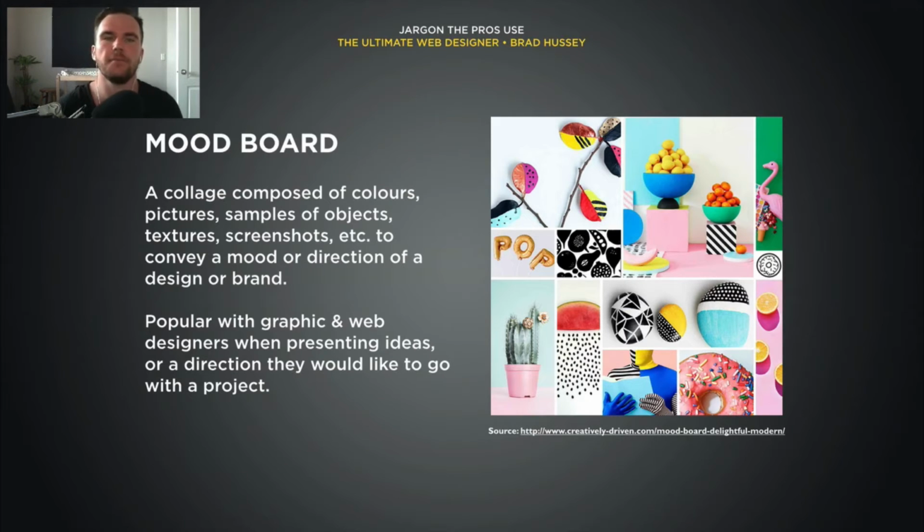And this usually happens in one of the initial meetings with a client, after you've discussed budget and everything like that, and you start getting into the creative phase. A mood board is kind of literally a big piece of cardboard with textures, samples, pictures, fonts, to convey, this is the style I'm trying to go for. So that's a mood board.